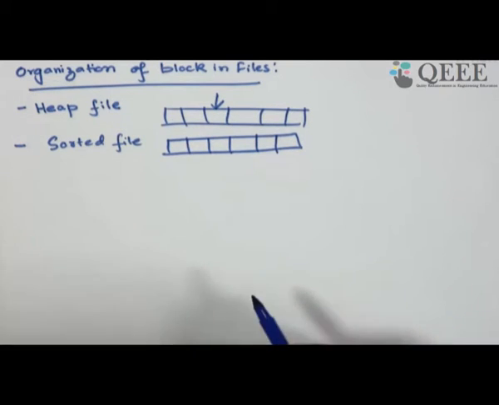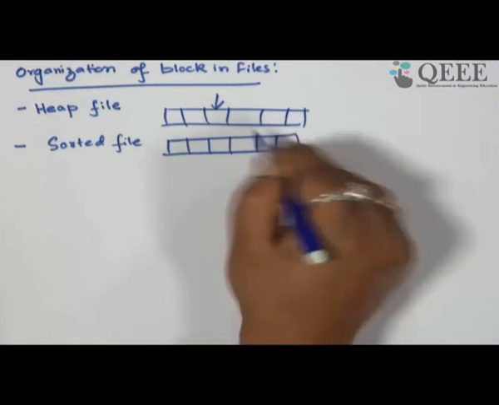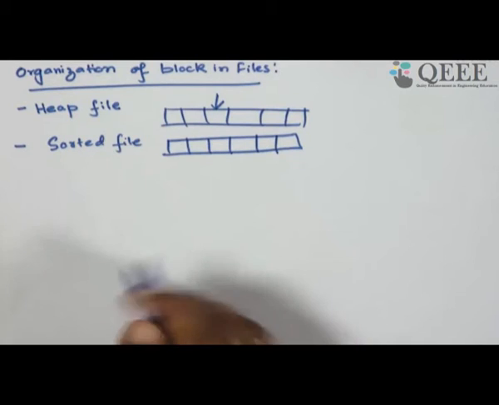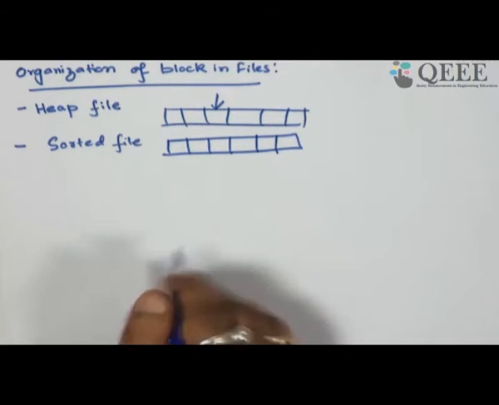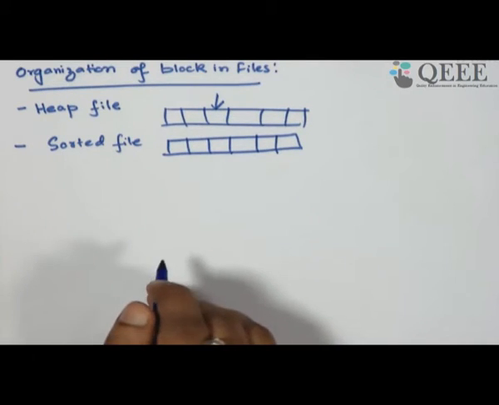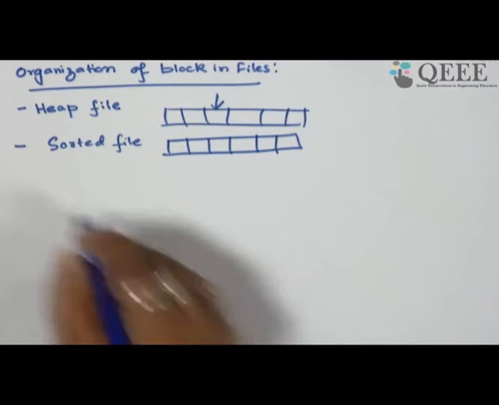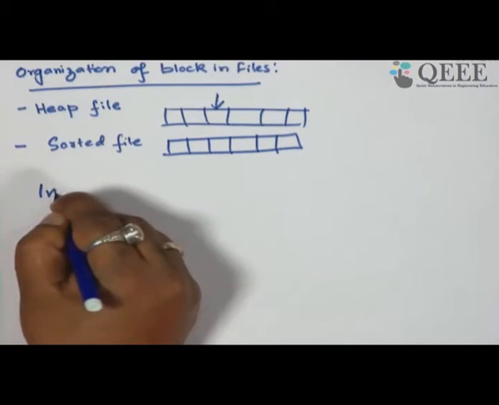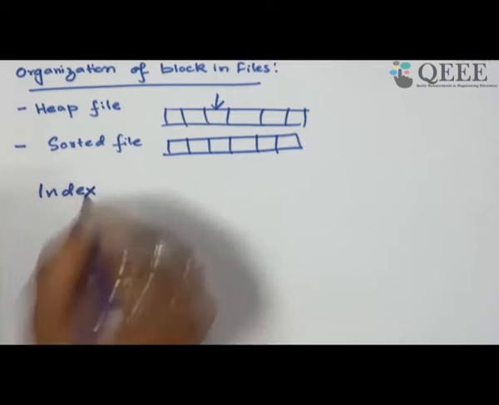So these are the different methods. Sometimes, to quickly access a particular record in a file, you use something called an index.